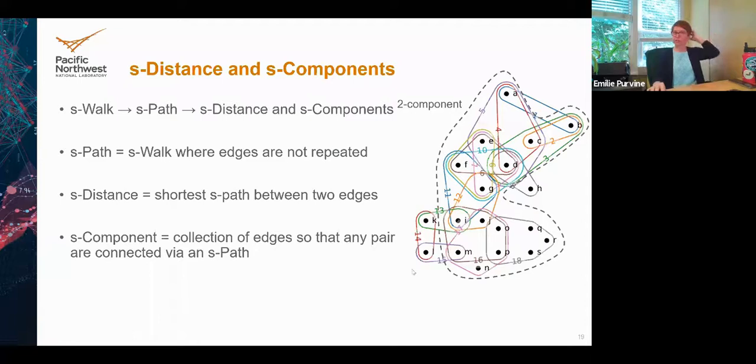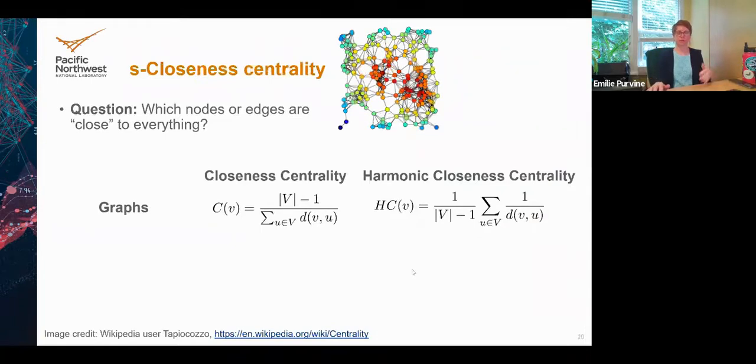Okay, again, building past distances, we can get to centralities now on hypergraphs. Again, with this sort of S stratification. So the question for S closeness centrality is which nodes or edges, because we want to be edge-based in a hypergraph, are close to everything. So in a graph, the definition of closeness centrality is the reciprocal of the average distance.